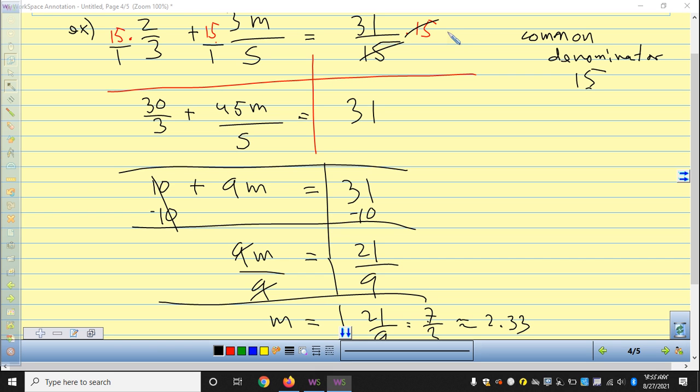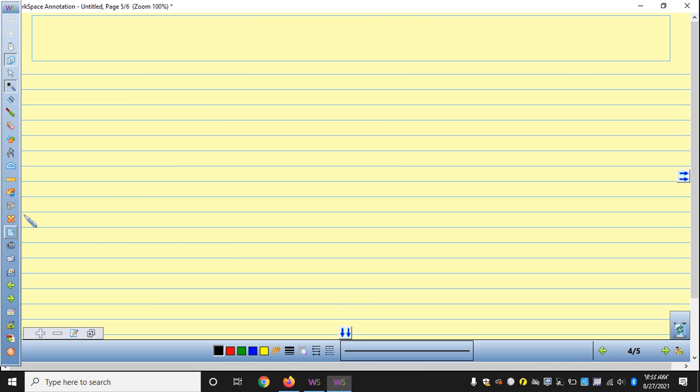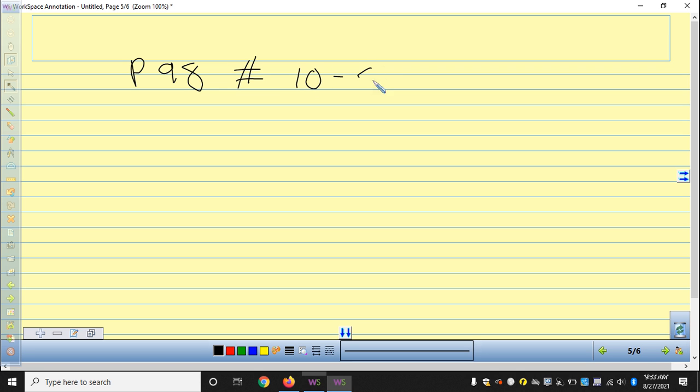Okay. Our homework for the weekend is just from the book, and it's just one thing. Page 98, number 10 through 52, every other even.